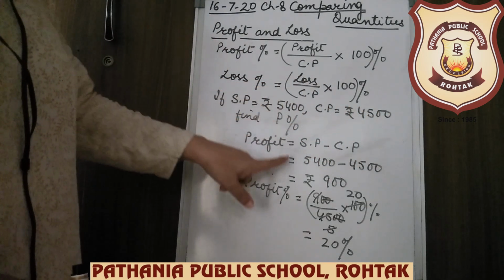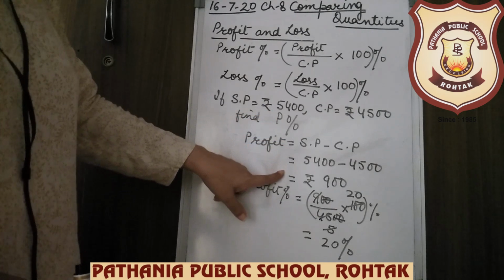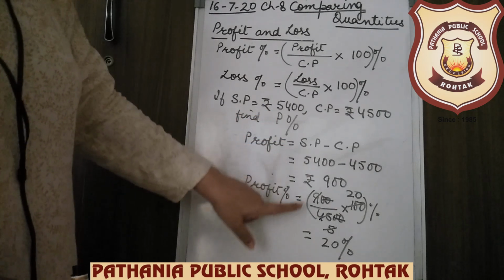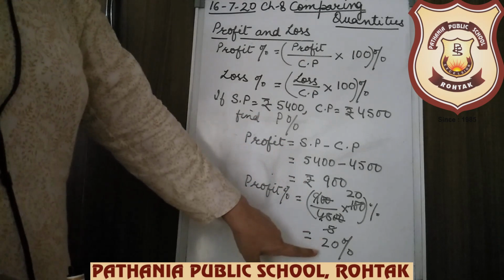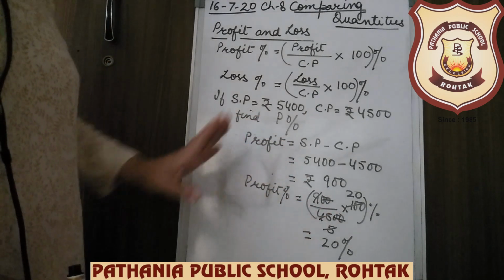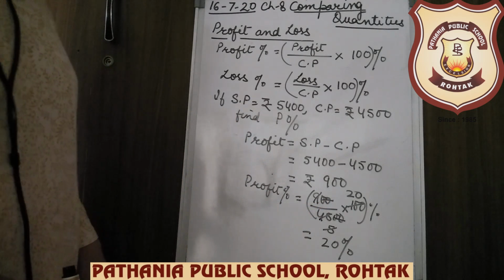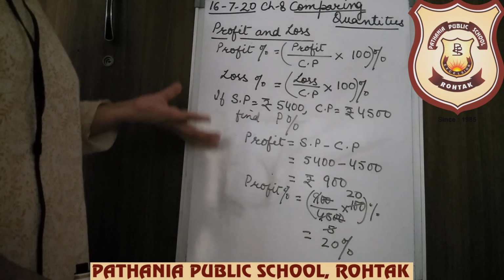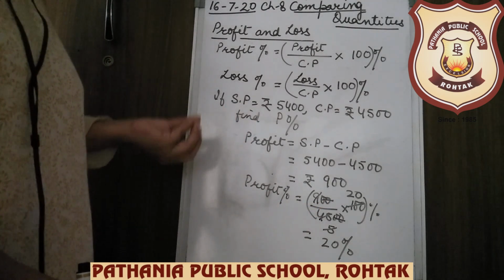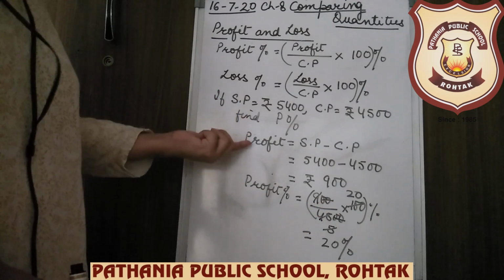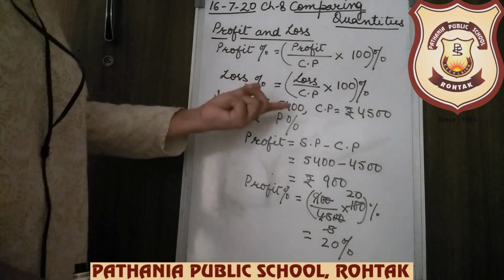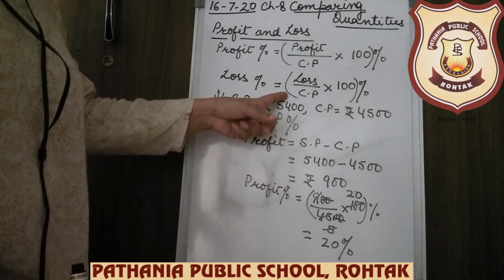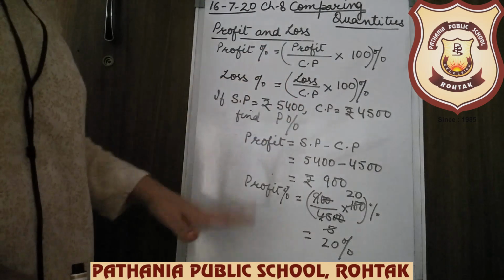Then he has gained rupees, there is a profit of rupees 900, and then you have calculated its percentage, which is 20% profit. And similarly, if you have to calculate the loss percent, then the SP will be definitely smaller. Formula is going to be same. Put the value and then calculate.